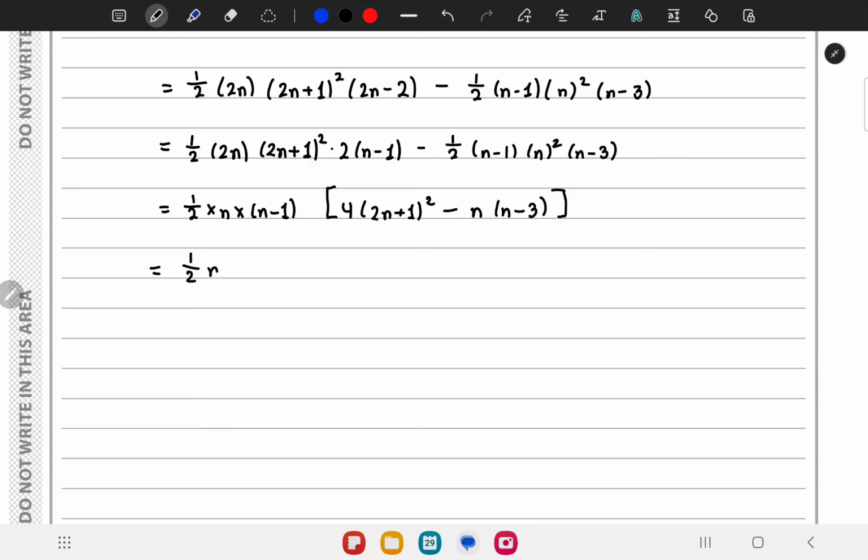Here we'll have half times n minus 1. Inside the bracket we'll have 4 times 4n square plus 4n plus 1 minus n square minus 3n.